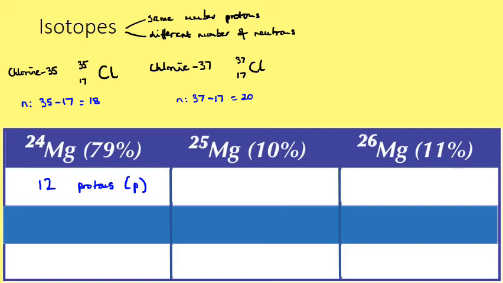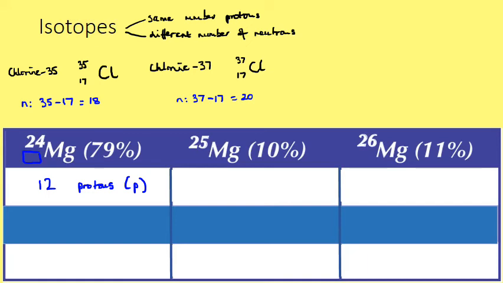Notice I just draw a little square here. There's no 12 there, because the 12 is implied from the symbol for magnesium. To save you a little bit of time writing the 12, you can just omit it. But it's still magnesium, so the atomic number is still 12, and there are still 12 protons.